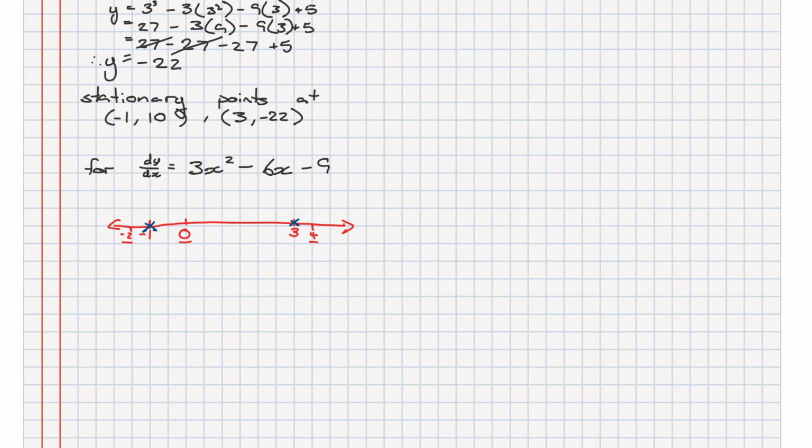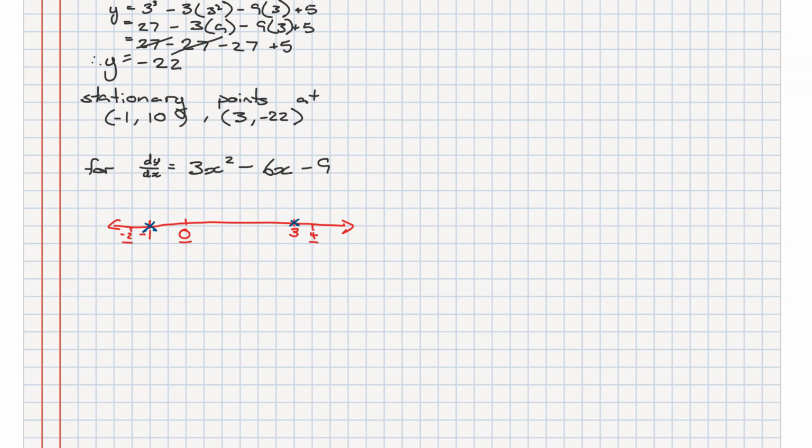We're going to sub in these numbers to determine whether the value of y is above or below the x-axis, in which case it will tell us whether we're going to see something like negative, positive, negative, or positive, negative, positive.